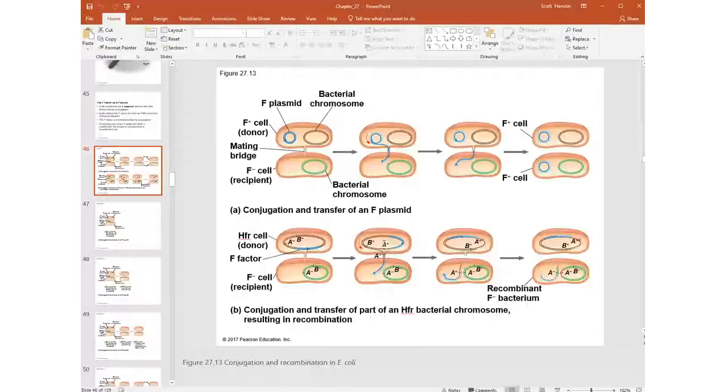Okay, there you go. Hello and welcome back to our discussion of chapter 27 on bacteria and archaea. If you remember in part one, we ended with a discussion of conjugation and the transfer of an F plasmid, the whole process summarized at the top of slide 46.